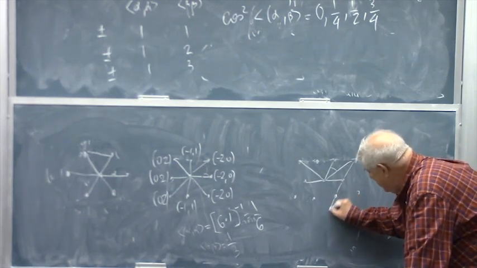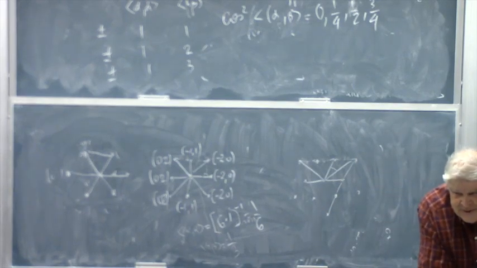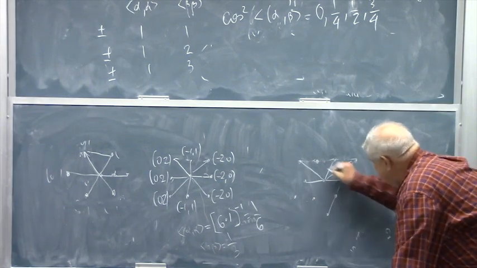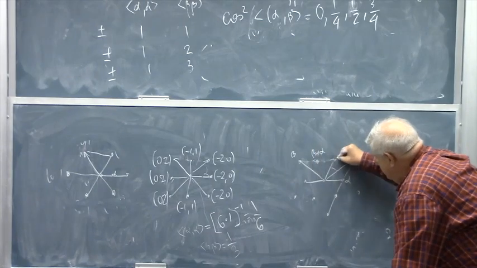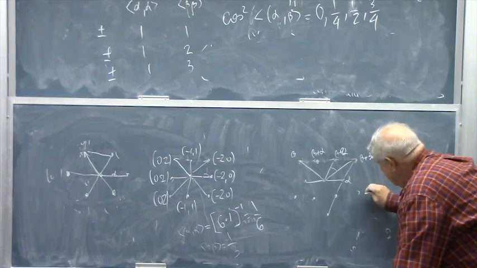There should be one more vector here. Now I can even write, if this is alpha and this is beta plus alpha, beta plus 2 alpha, beta plus 3 alpha.